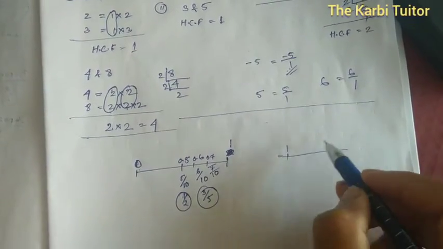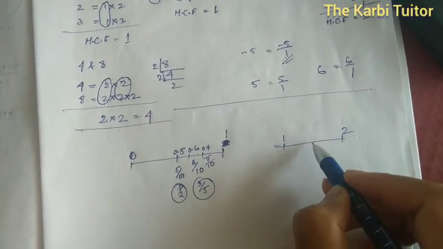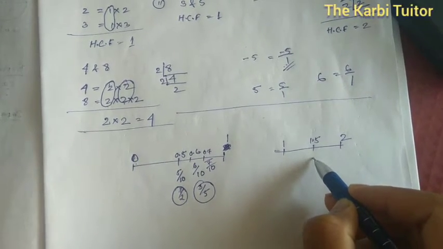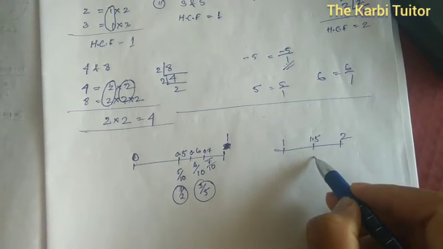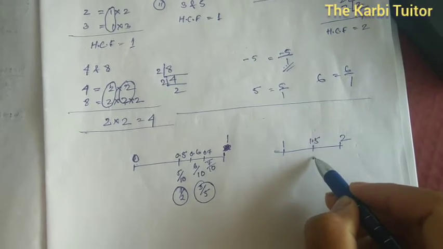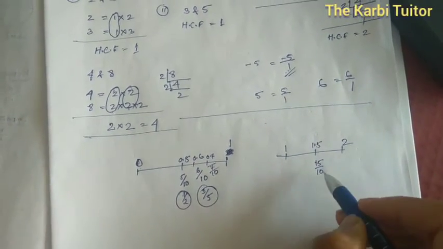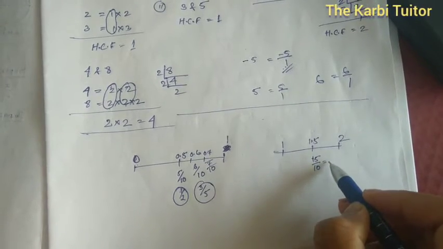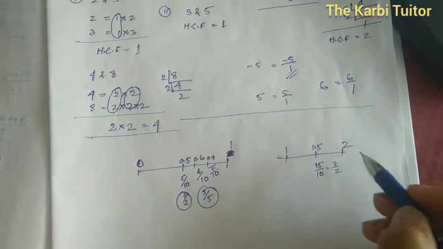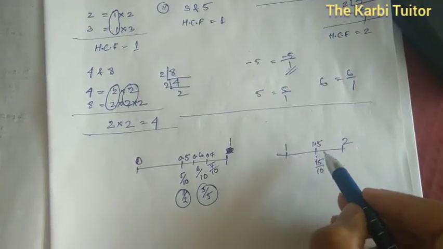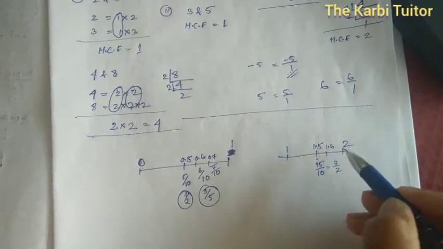Or between 1 and 2, the middle one will be 1.5. In terms of fraction it will be 15/10. That means 3/2. So this point is 3/2. And suppose this is 1.6.